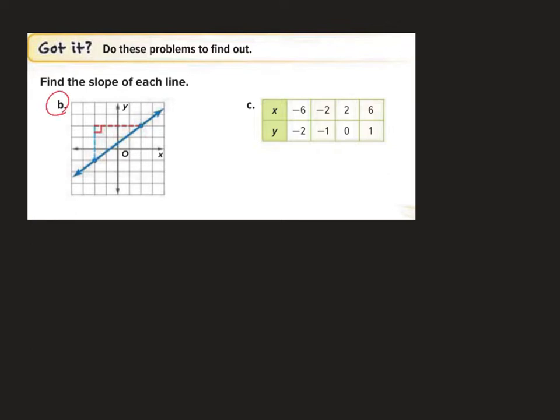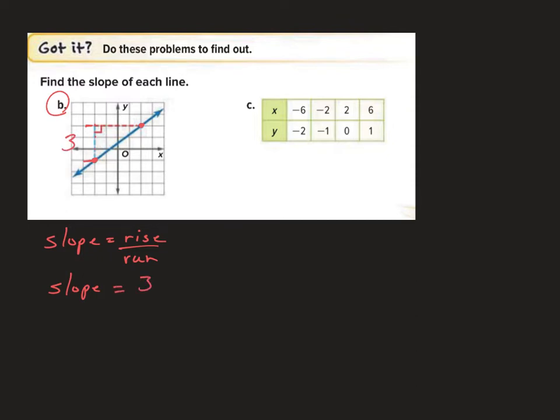For B, we're going to find the slope from a graph. So remember, slope is rise over run. I use any 2 points. These are the 2 points that are given. And I just find my rise over run. So I start at this point. I count up 1, 2, 3. So from here to here, I've got a rise of 3.